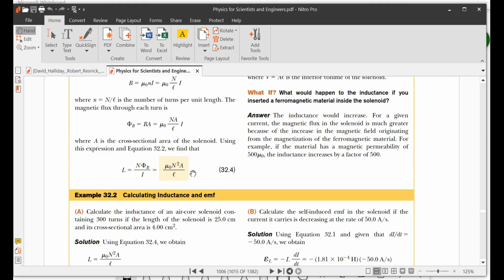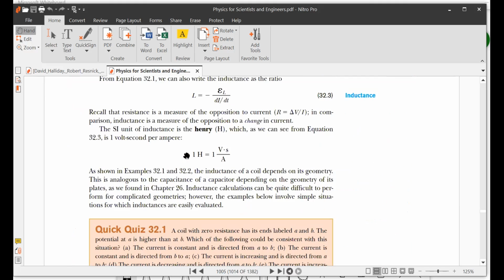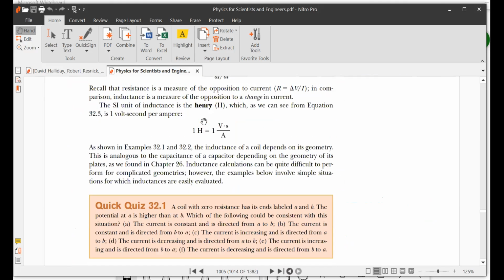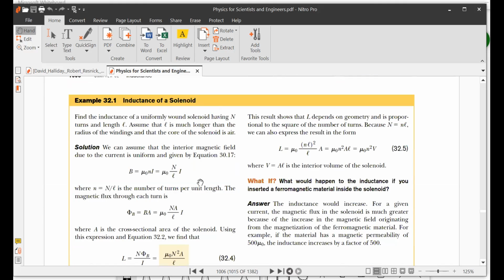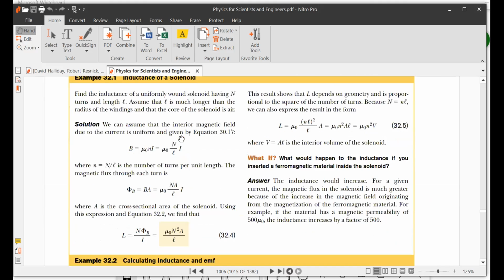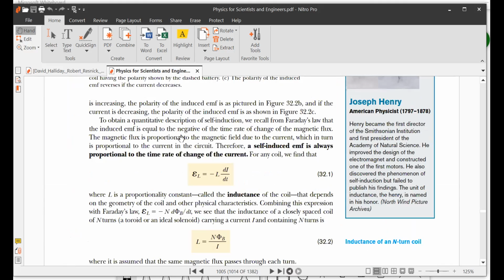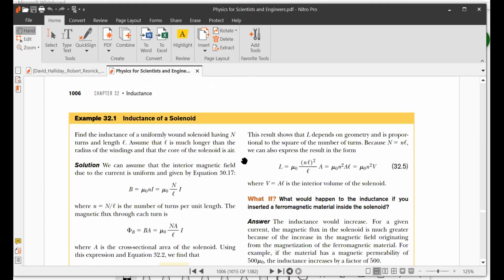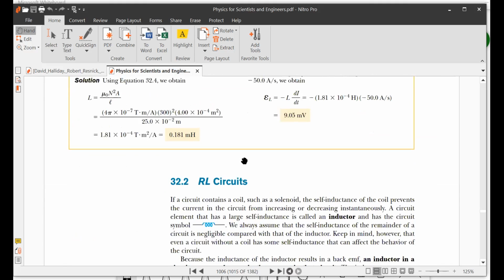Sedangkan N besar itu adalah jumlah lilitan, A adalah luas dari solenoid, yaitu luas lingkaran penampangnya. Kemudian l kecil itu adalah panjang solenoid. Jadi memang induktansi diri bergantung pada geometri dari solenoidnya.